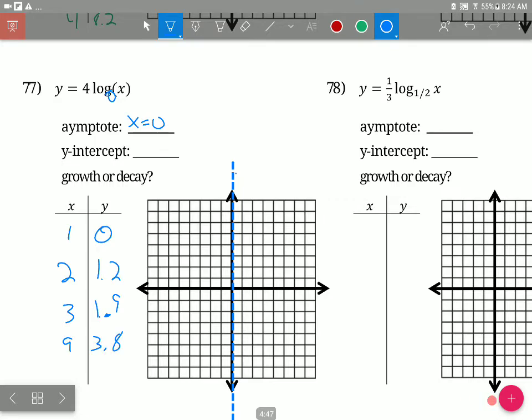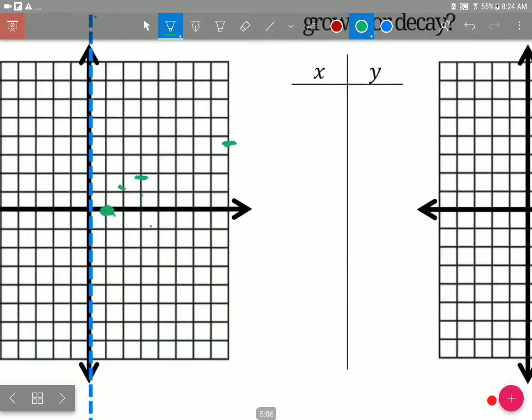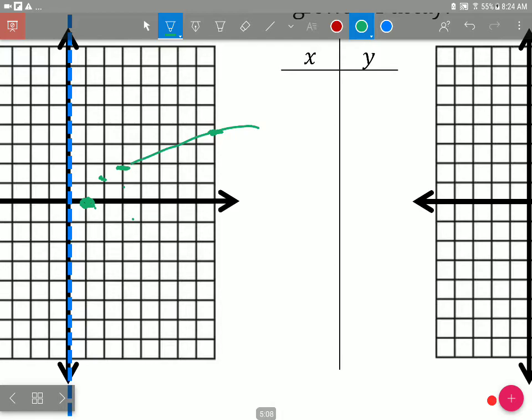So I've got 1, 0; 2, just over 1; 3, almost to that point; and 9, 3.8. So about there. So this guy goes like this.